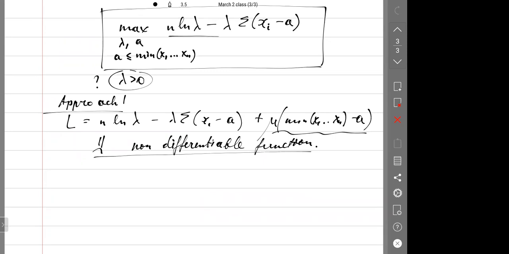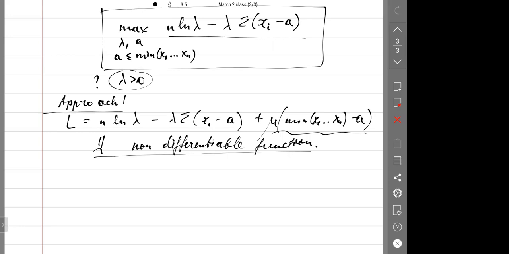Let's look at this function. We see that lambda enters this function in a very intricate way. We have logarithm of lambda minus lambda, but a is just multiplied by plus lambda.